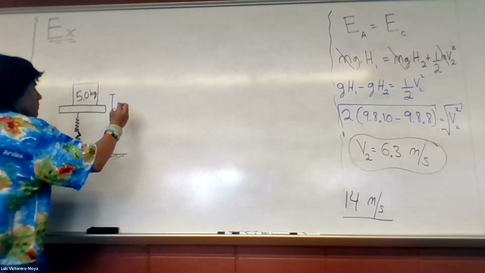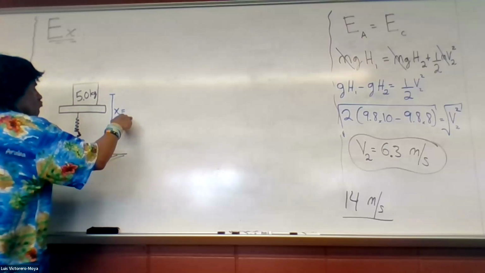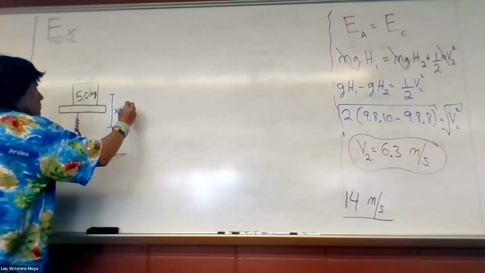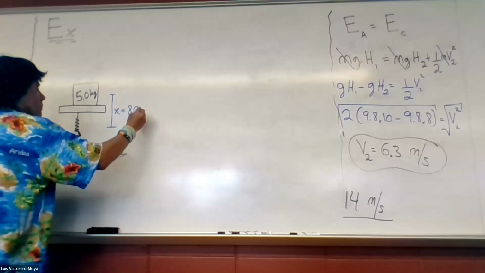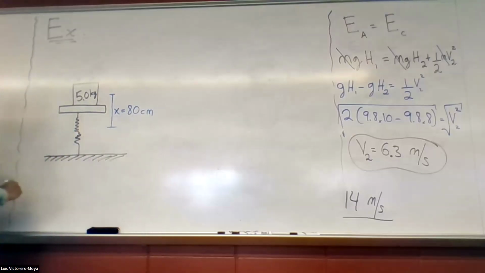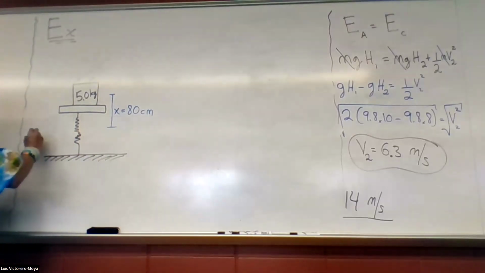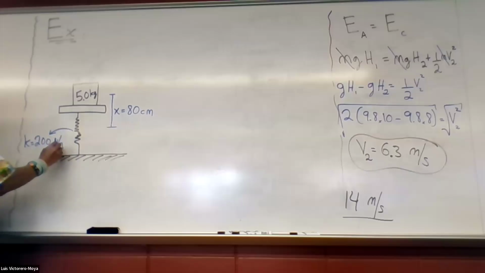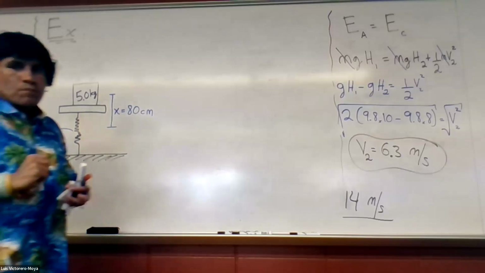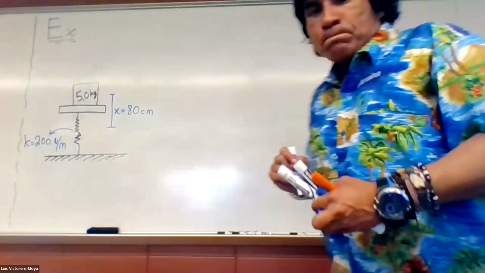It doesn't matter if I put 80 centimeters. The spring has a constant k of 200 newtons per meter. Those are the units for the constant. So you're given that.